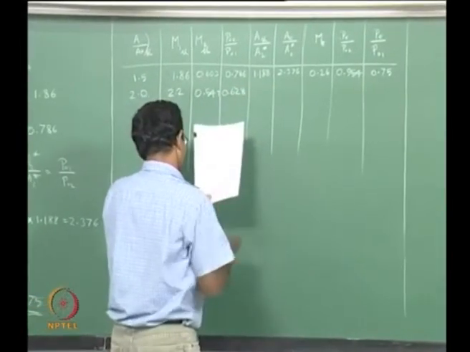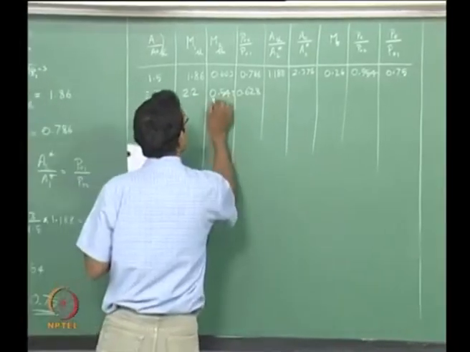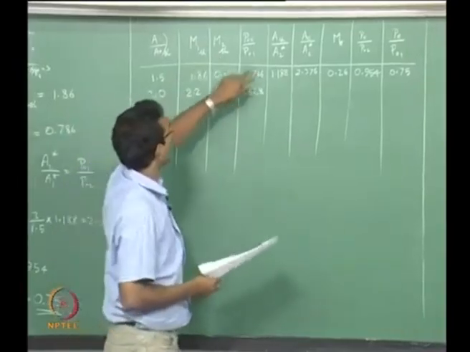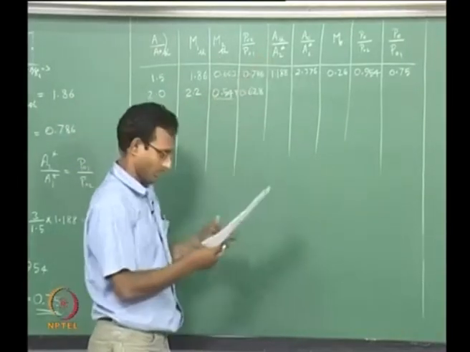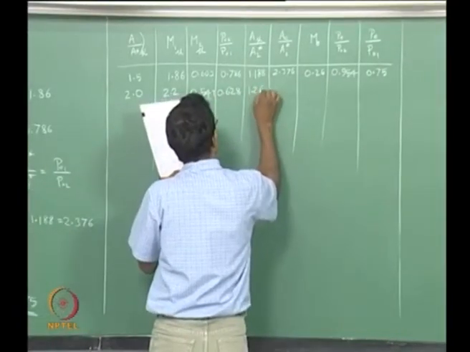After this, I have to use this M2 after the shock to find my A by A star. If I use that, I am getting a number 1.26.